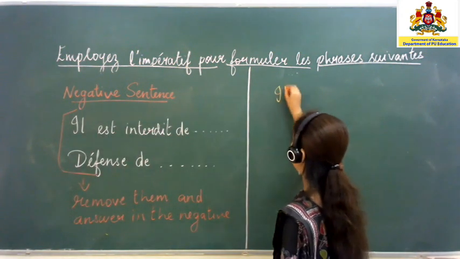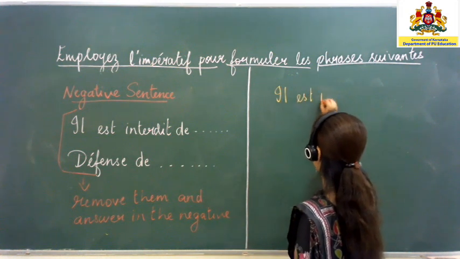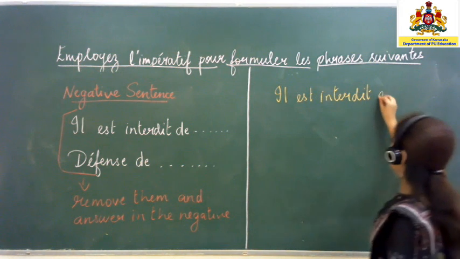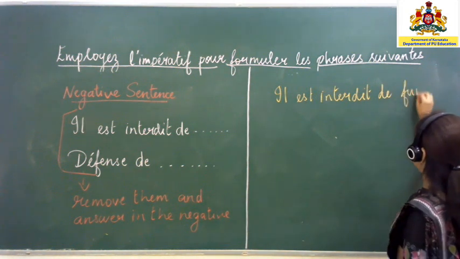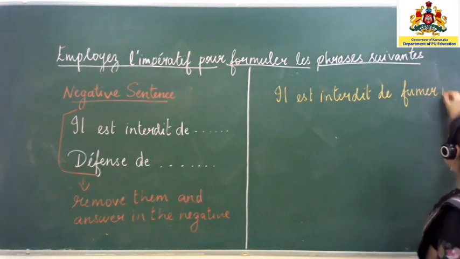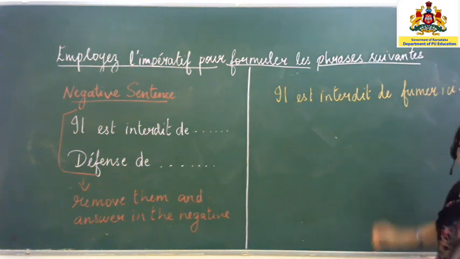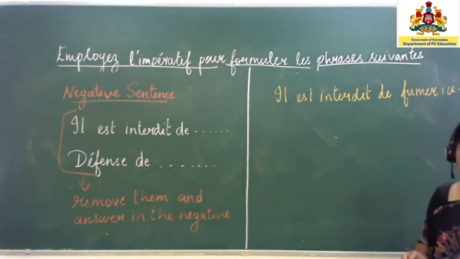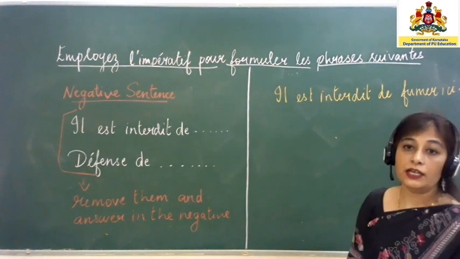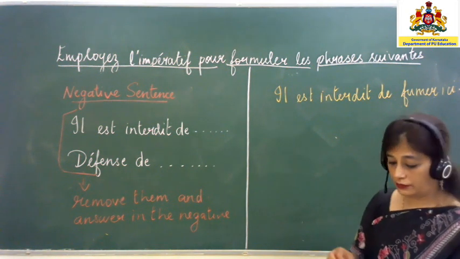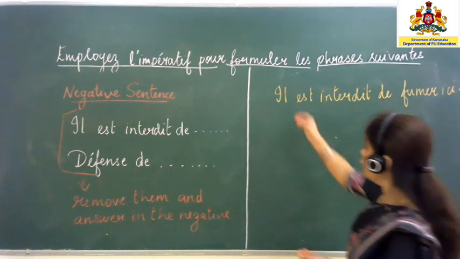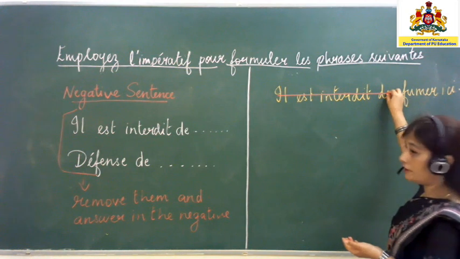So if you have il est interdit de fumer ici. It is forbidden to smoke here. That's what it means. Il est interdit de fumer ici. It is forbidden to smoke here. So since I have the phrase il est interdit de, I should remove it.